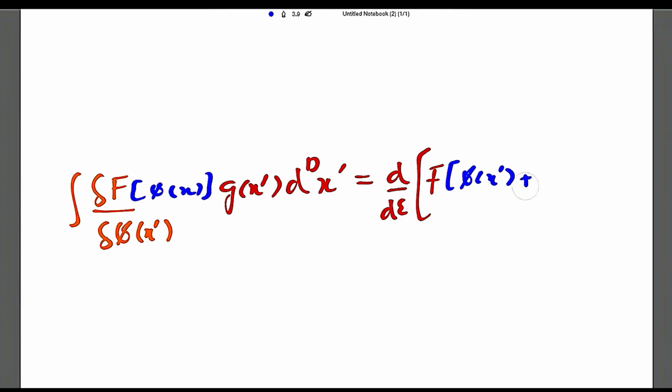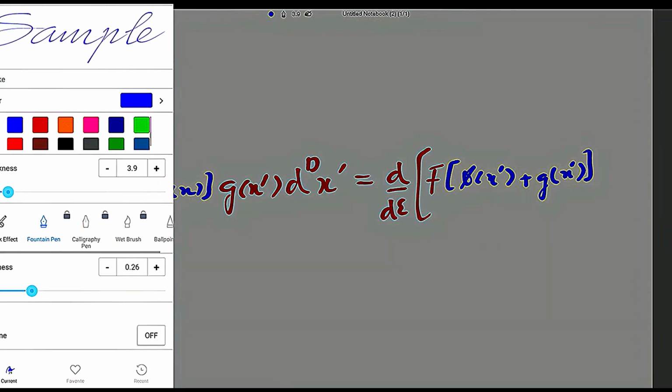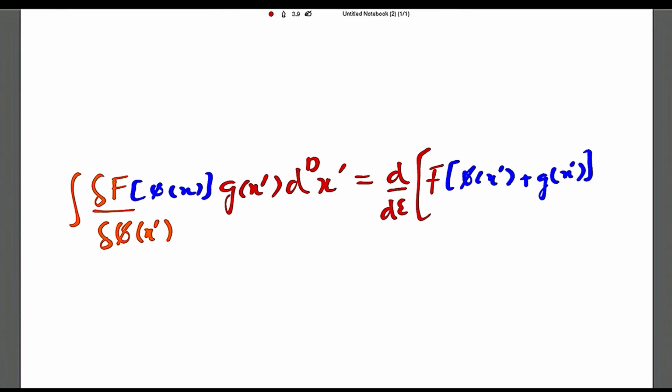I'll link that video in the description box because it will help you make sense of the formulas I'm writing down here. I hope they are pretty clear in this video as well, so no worries. We will find the derivative of this new functional with the new argument here, and we will put epsilon equal to 0 here.